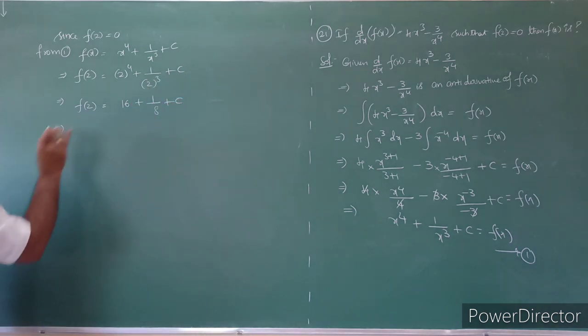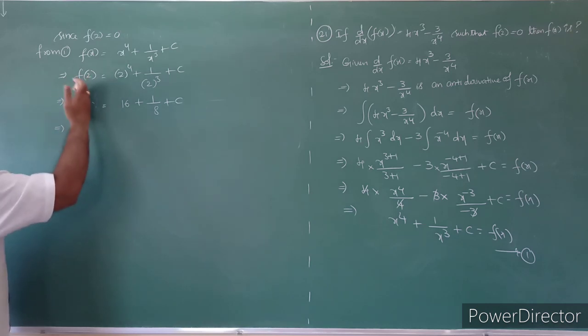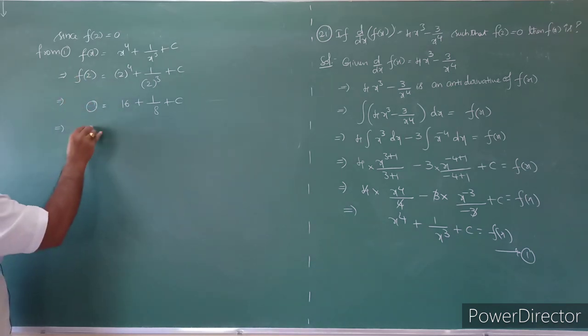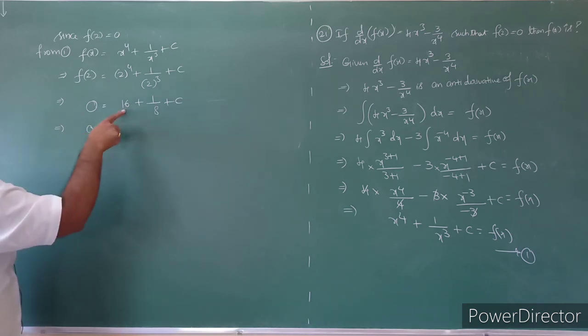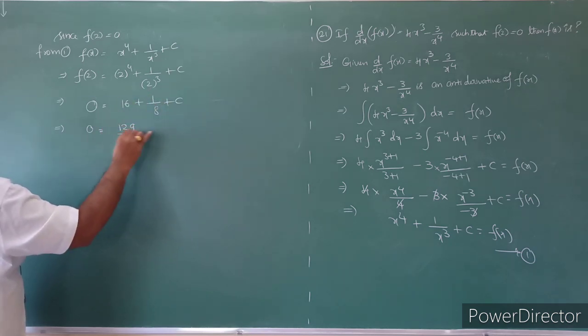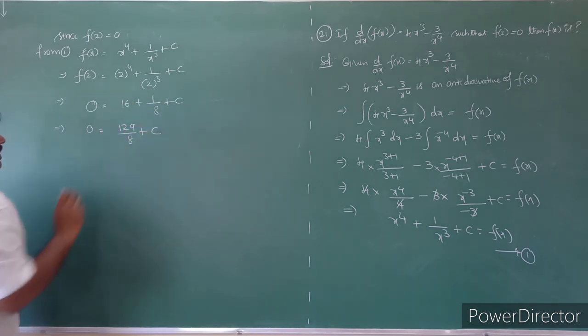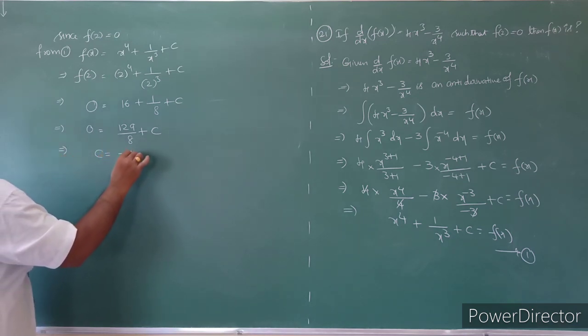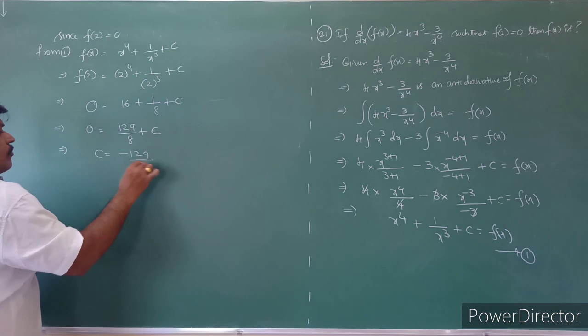So what is the f of 2 value? The f of 2 value is already given. This value is 0. So that implies 0 is equal to, taking the LCM, 128 plus 1, that is 129 by 8, plus c. So that implies c is equal to minus 129 by 8.